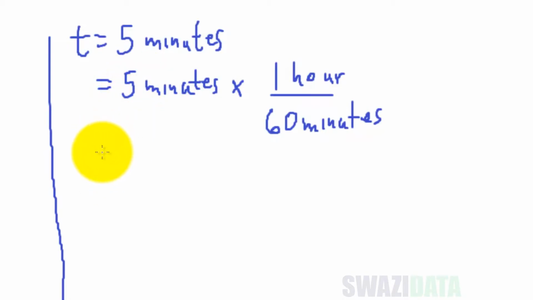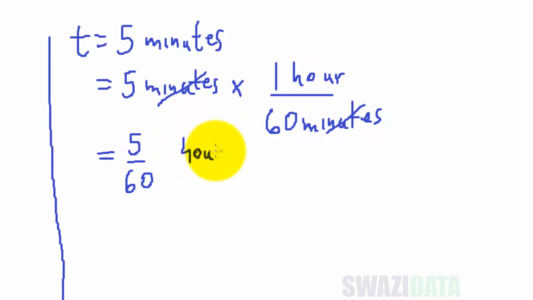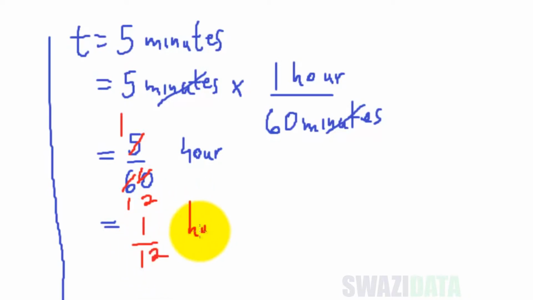The minutes cancel, so we get 5 over 60 times 1 hour, which is 5 over 60 hours. Cancelling by 5, we get 1 over 12 hour.